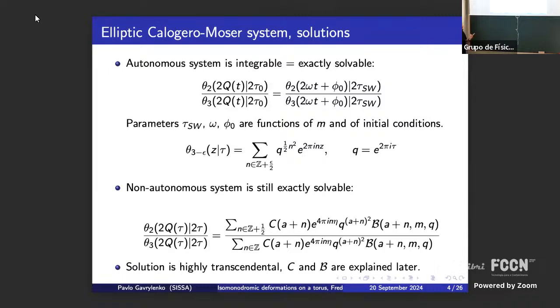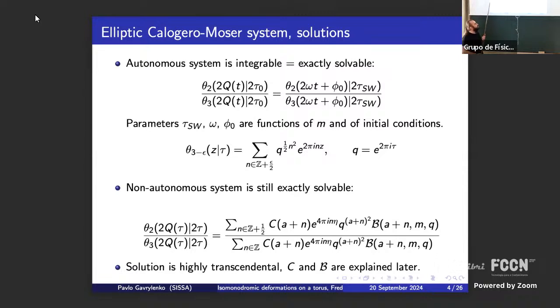The only peculiarity here is that it is written in a different parameterization and uses different variables to write these explicit formulas. So this problem is on a torus, that problem is on a sphere, and it's just a coincidence for the four-puncture sphere and the one-puncture torus. In general, they are representatives of different families of isomonodromic problems.